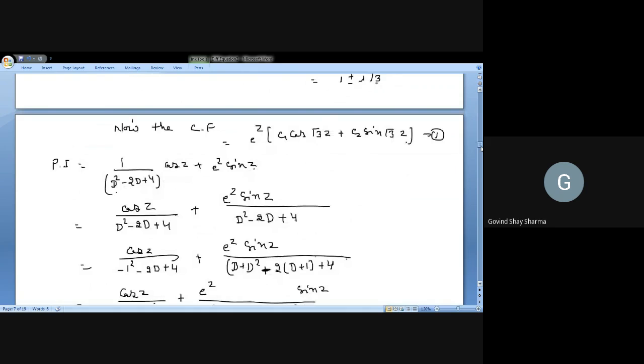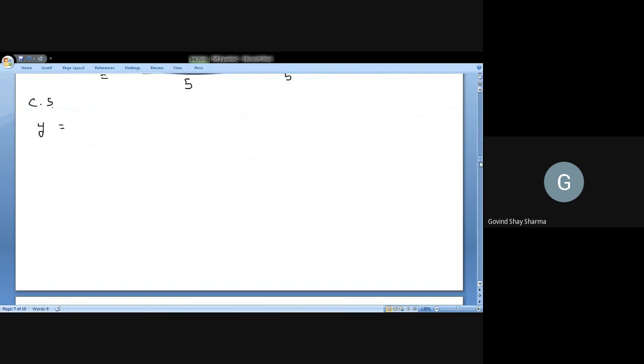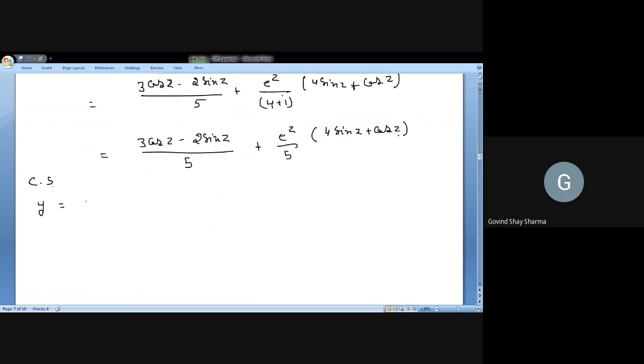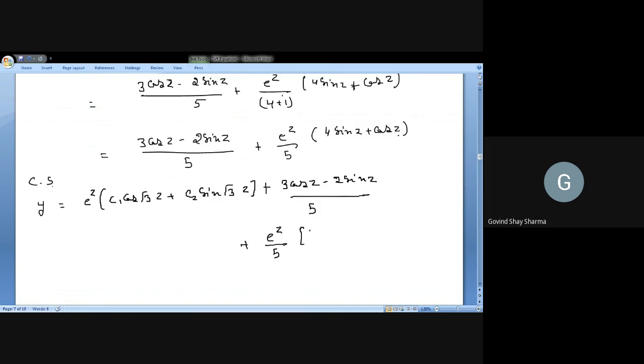Here what is the value of CF? e to power z times c1 cos and c2 sin. So y equals e to power z times c1 cos under root 3 z plus c2 sin under root 3 z, plus 3 cos z minus 2 sin z upon 13, plus e to power z upon 5 times 4 sin z plus cos z.